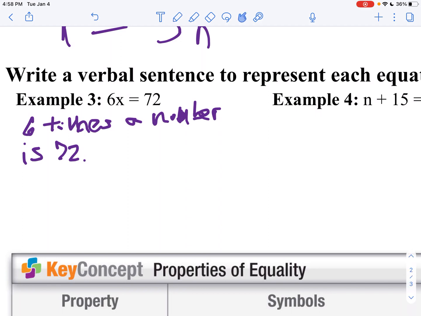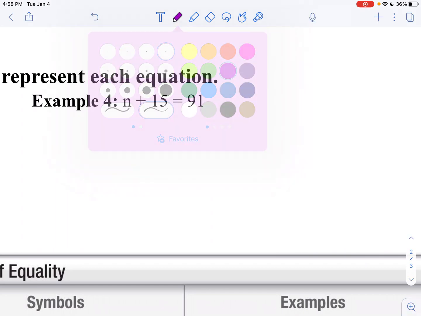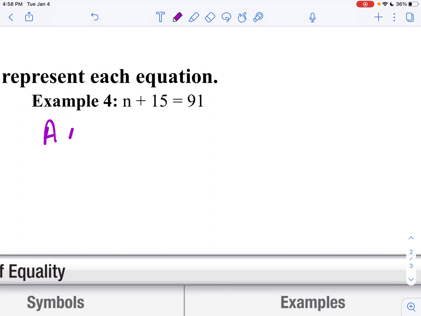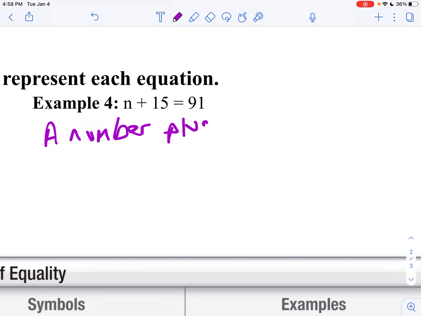And if I look at example 4 here, I'll do the left side. I'll say I'm going to add, so I can say a number plus 15 is 91. And that's all you would have to do with that.